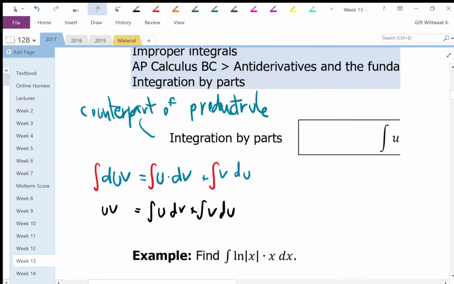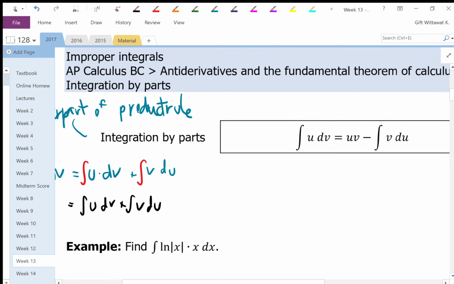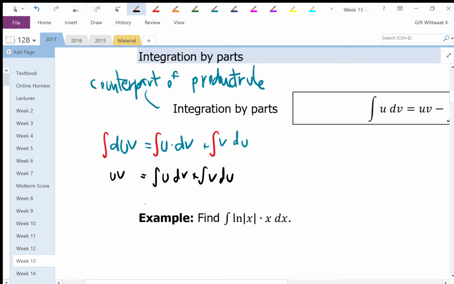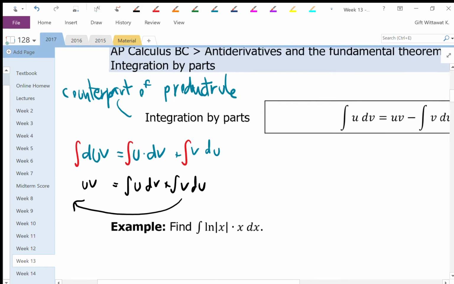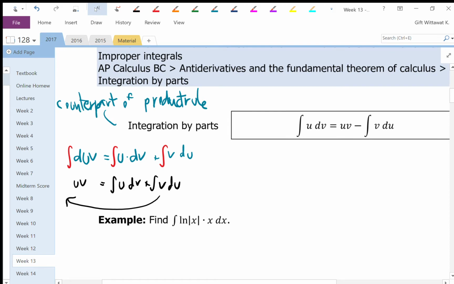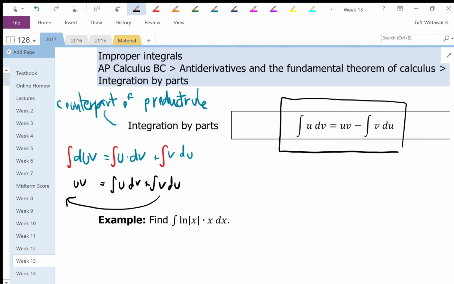Now, if I move the integral of v du to the other side, I'm going to get exactly what integration by parts says, which is the integral of u dv is going to be u times v minus the integral of v du. So basically, this is the formula for integration by parts. The integral of u dv is u times v minus the integral of v du.